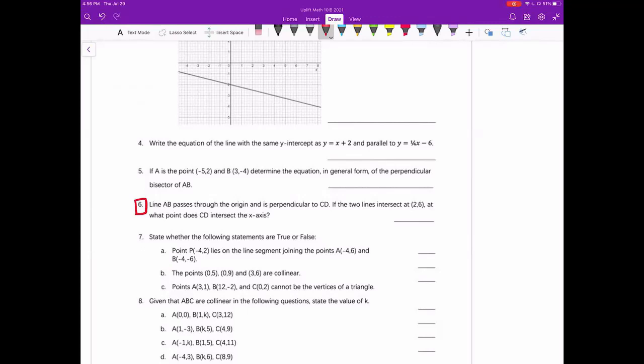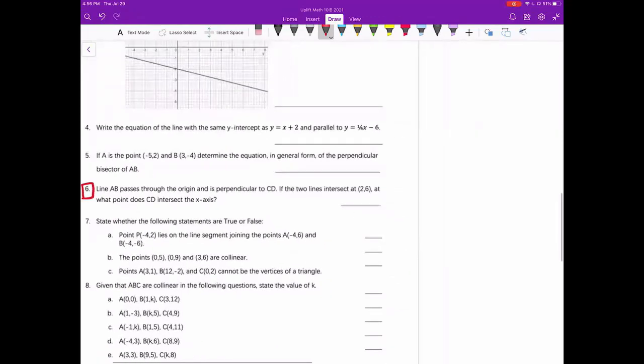Okay, since we have 4 minutes left, we'll just do this one together. Should I do it? Wait, I don't really understand this question though. Okay, well, line AB. Let's draw it out first.